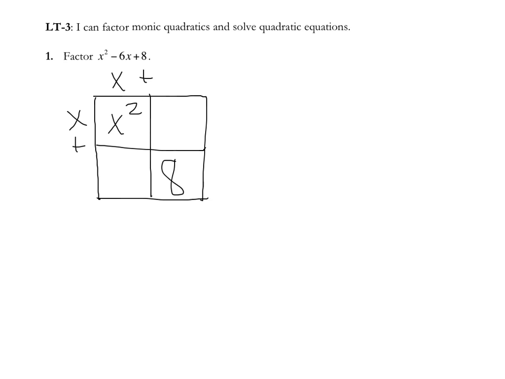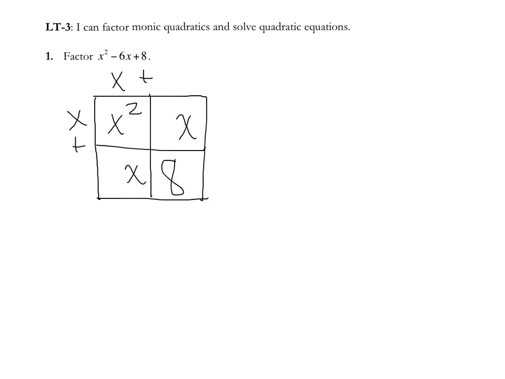Now, these two other boxes are going to have something times x. We can tell because one comes from multiplying this x by the number up here, and the other comes from multiplying this x up here by the number over here. So these two boxes are going to be some number times x, and our goal is to figure out what that number has to be.